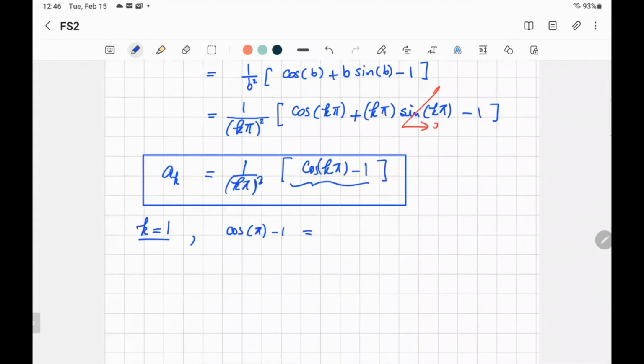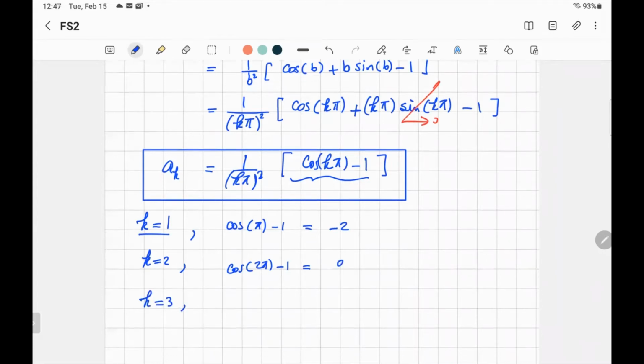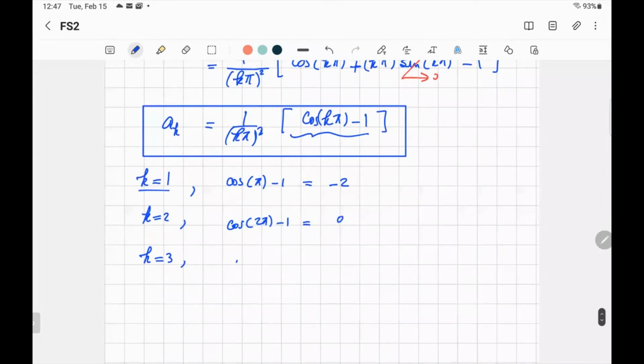Cosine pi is equal to -1, so -1 and -1 is equal to -2. Now if you put k equal 2, you have cosine 2 pi minus 1. Cosine 2 pi is 1, so 1 minus 1 is 0. For k equal 3, cosine 3 pi, again -1, -1, -2.